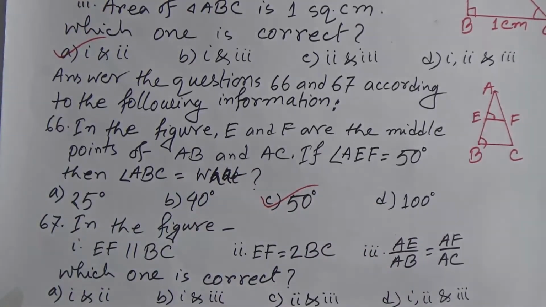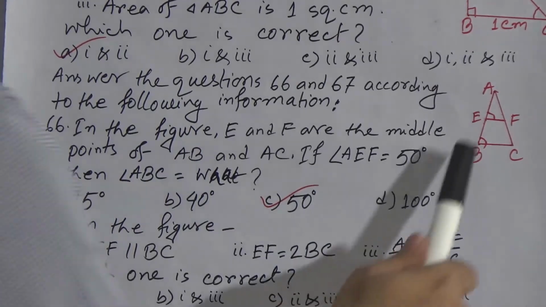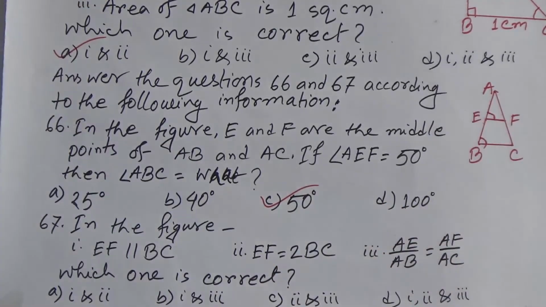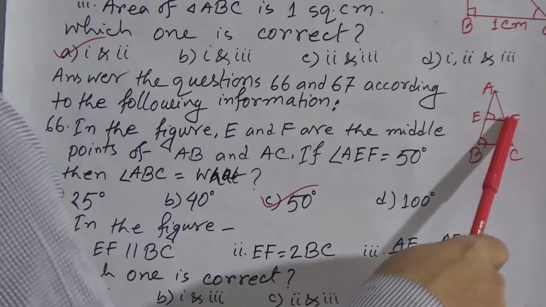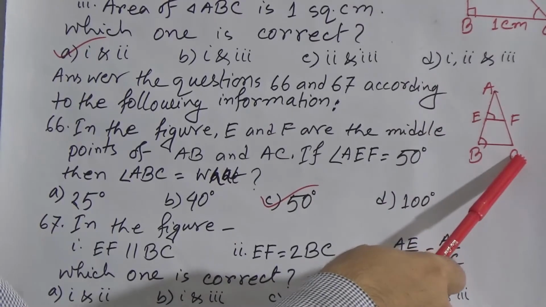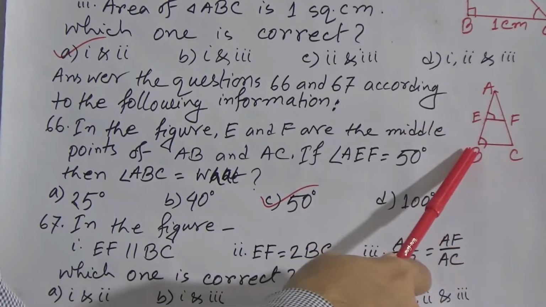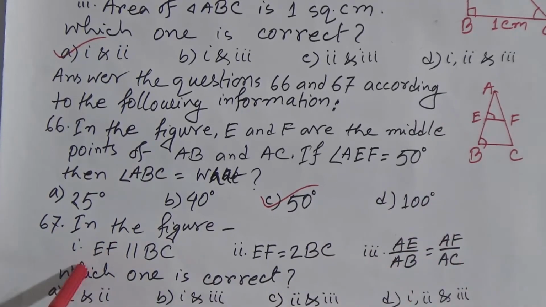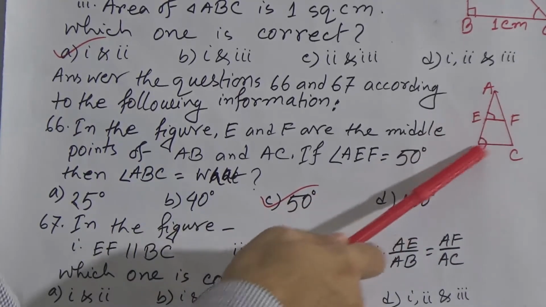Now our last question today, 67. In the figure, first statement, EF parallel BC. Yes, EF must be parallel to BC, as E and F are the midpoints of AB and AC. Now statement 2, EF equal to 2BC.